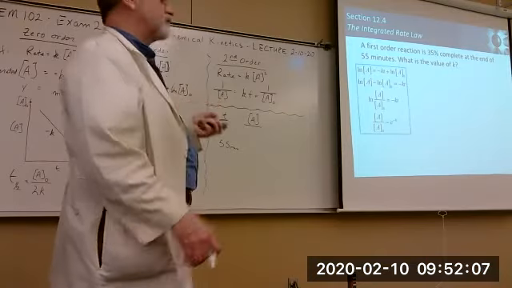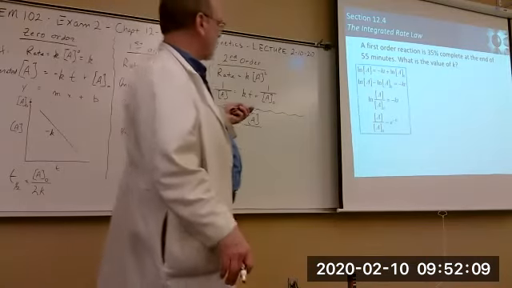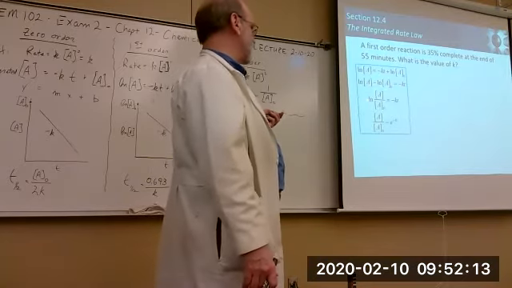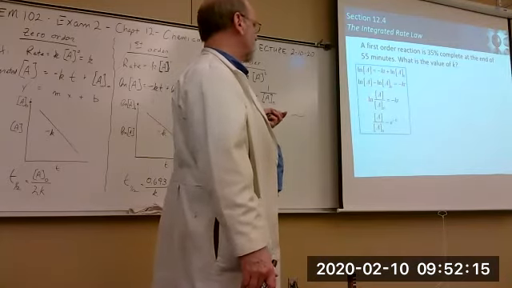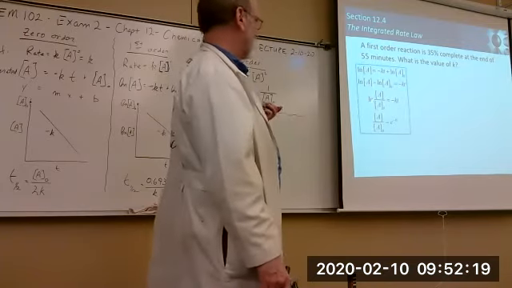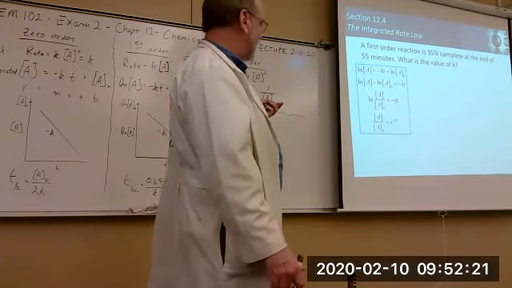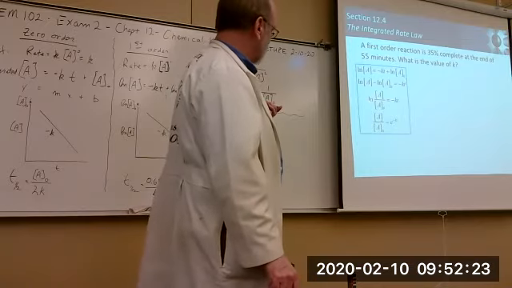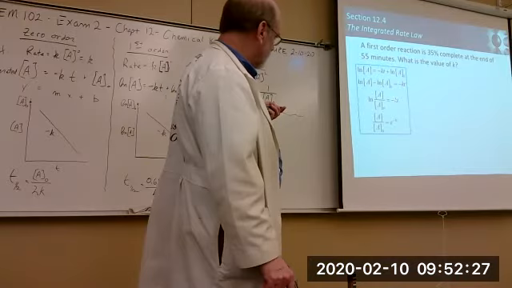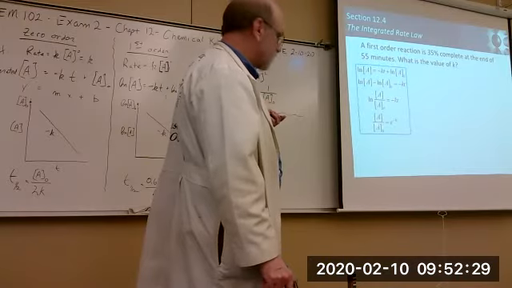And then, if you remember logs, when you have a log of something minus the log of something else, it's the same as the log of the quotient of those two. Remember that? Log rules. Okay. Then, if we solve this log, we're saying e to that power is equal to this.